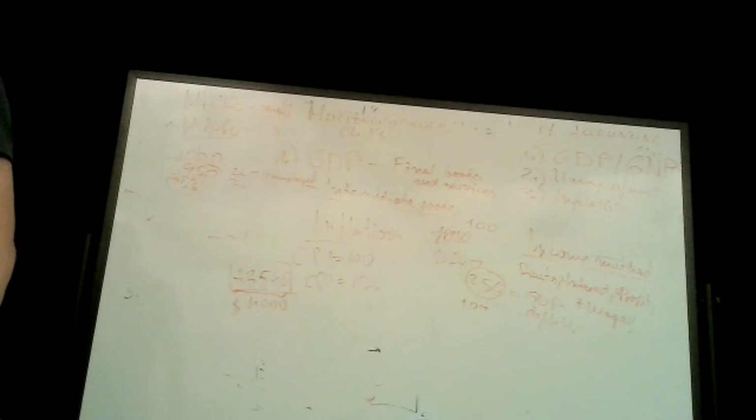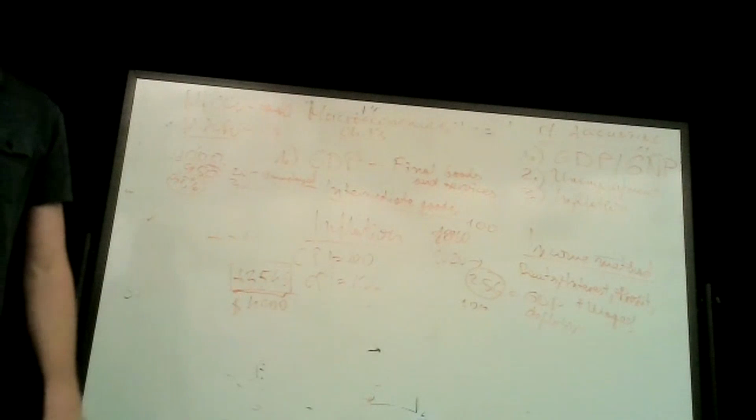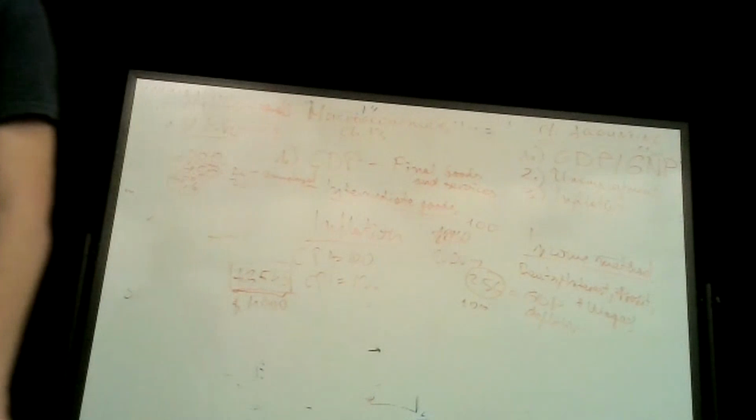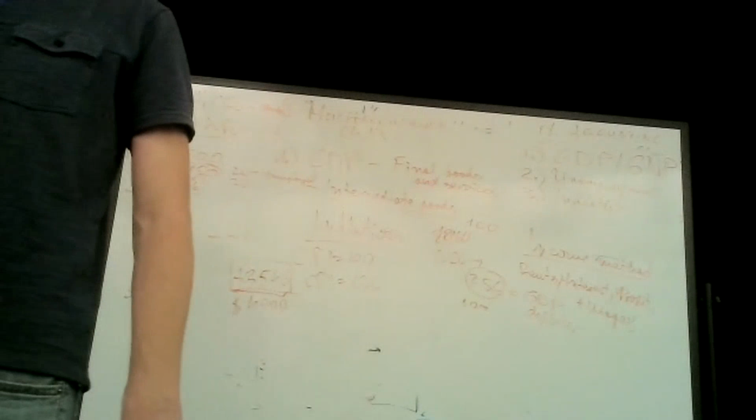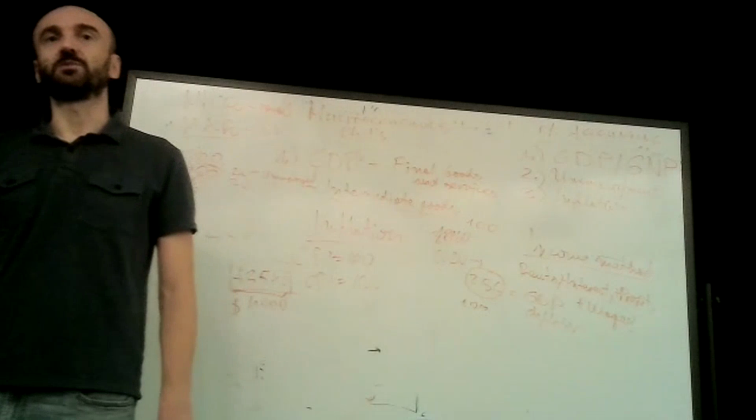So you then divide nominal GDP in 2020 by 0.96, and you get a bigger number. If you have a negative inflation rate, then your real GDP will be higher than your nominal GDP. If you have a positive rate of inflation, your real GDP will be lower than nominal GDP.